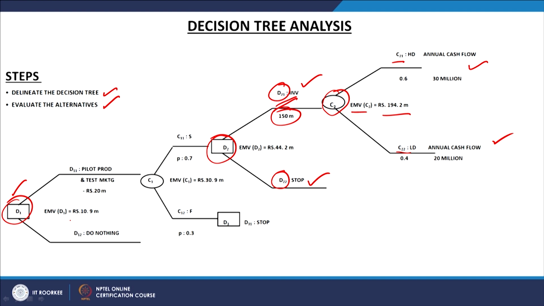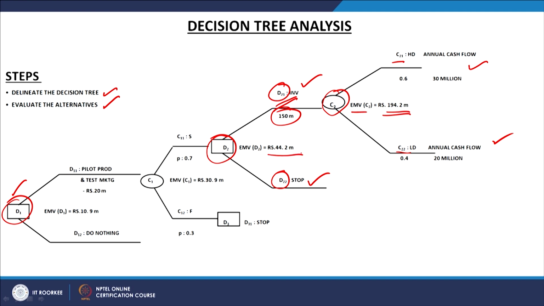Once this tree has been given its shape, the second thing we have to do is evaluate the alternatives. Though the values are also given here after the evaluation, partly the information is given to us in the case, and partly these values we have worked out.